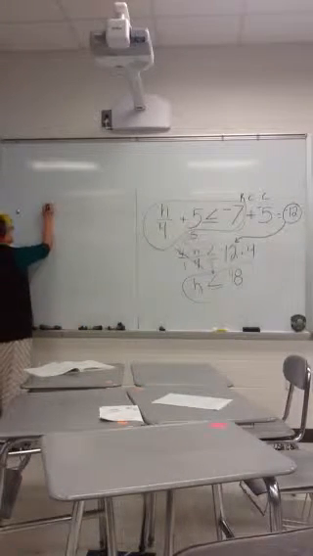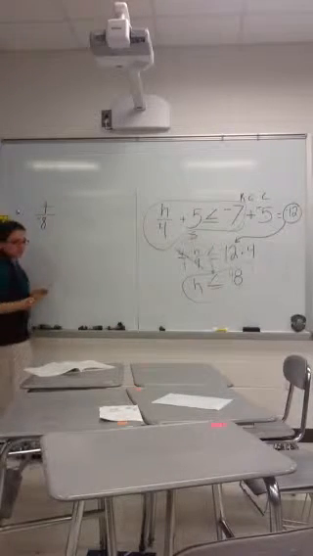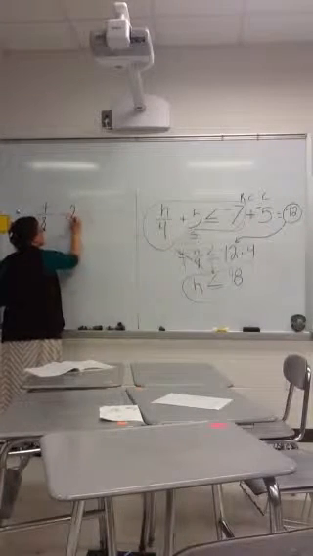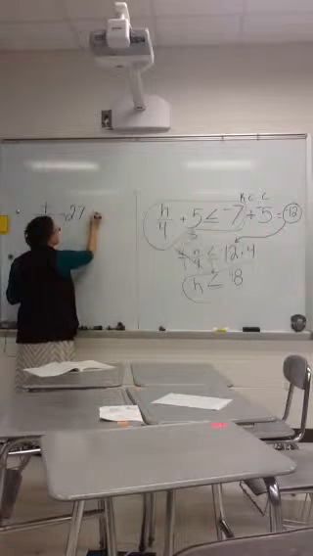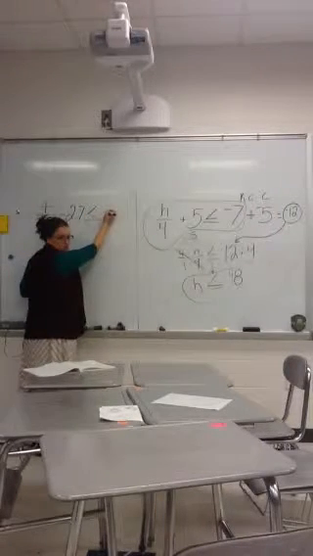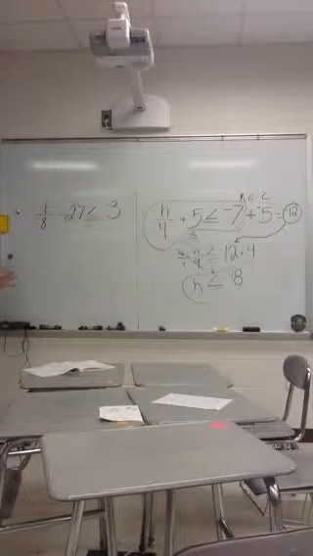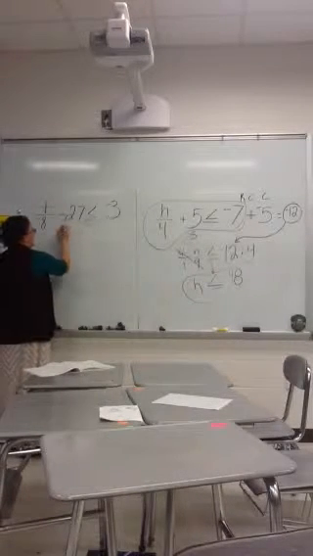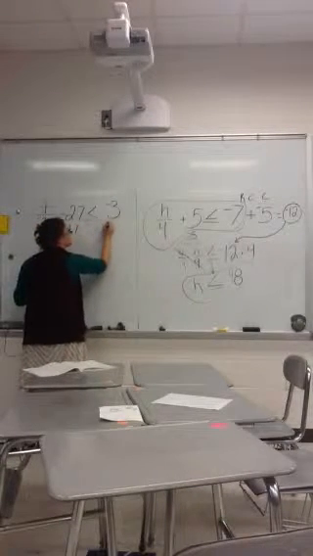So we've got t divided by negative 8 minus 2.7 is going to be less than or equal to negative 3. Alright, first things first. We want to deal with the number again that's by itself. So we're going to add 2.7 to both sides.